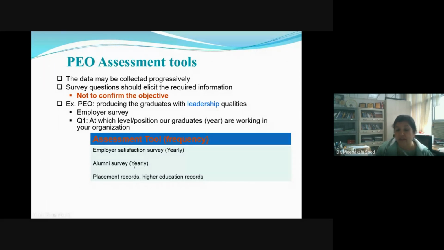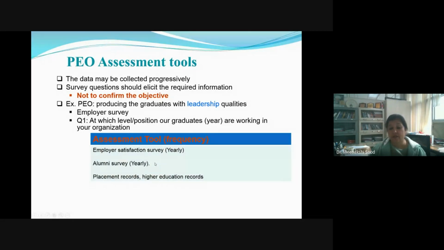You can have alumni survey, employer survey, placement record, higher education, which I've already mentioned, that what parameters you have to fix at your level, that these are the metrics by which we will check whether our POs have been attained or not, and what should be the frequency of that, right?